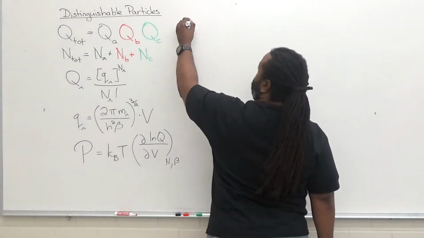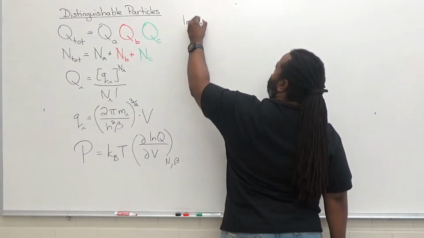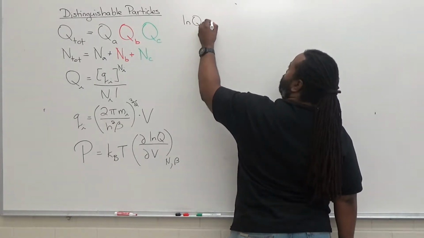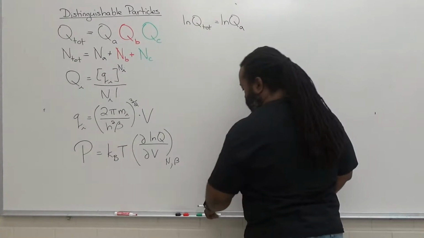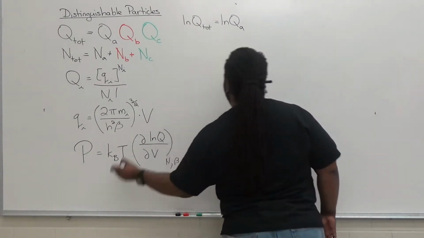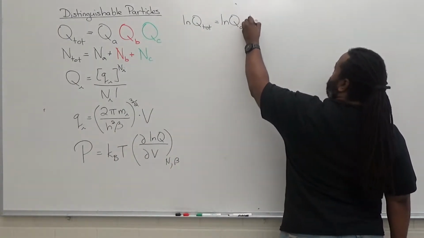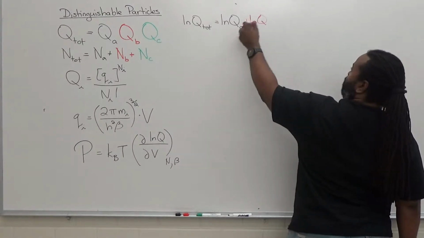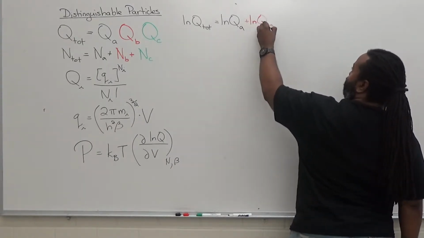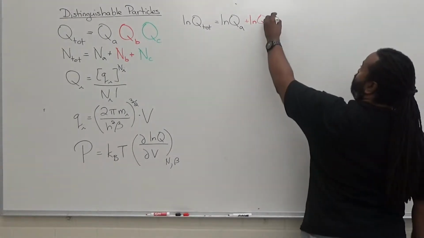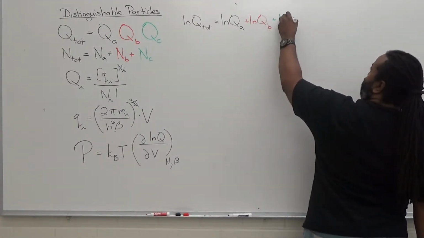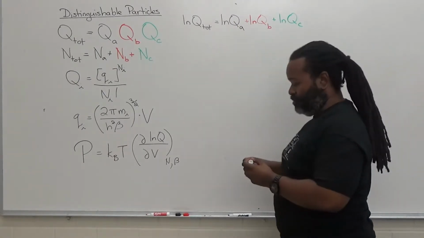So for ln of q total, that's going to decompose using our natural log rules. Ln of each part in a sum. So ln qa, ln qb, and the natural log of qc.